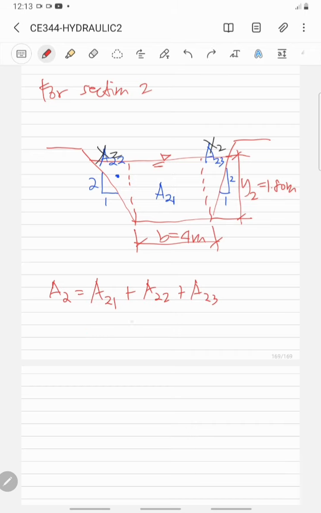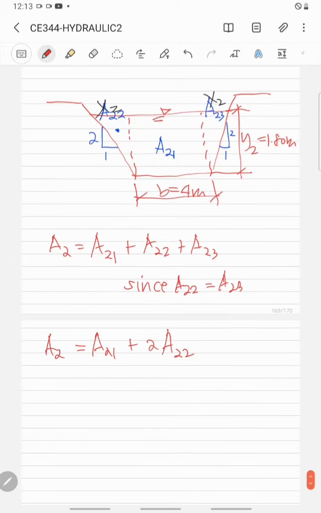Since area 2,2 is equal to area 2,3, because in this problem we have the same side slope. If we have different side slopes, we have to add the area of each of the triangles. So area 2 is equal to area 2,1 plus 2 area 2,2.